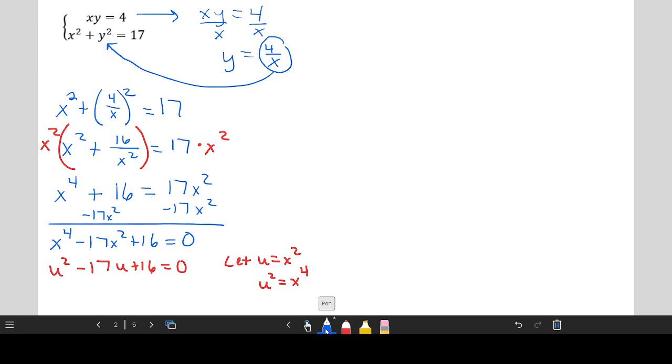And then we can solve this equation for u by either factoring or using the quadratic formula. This factors as u minus 16 times u minus 1.